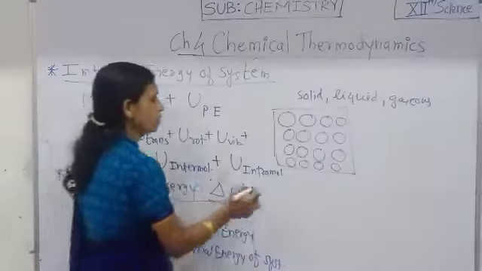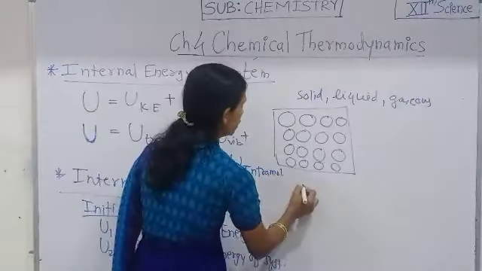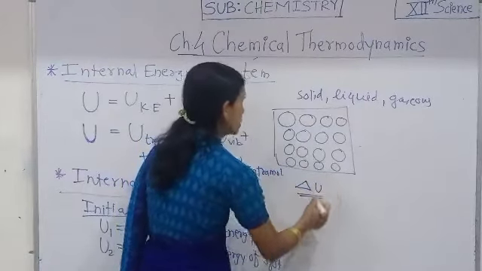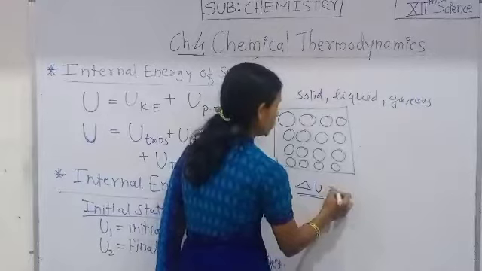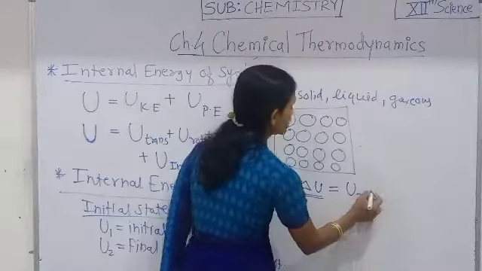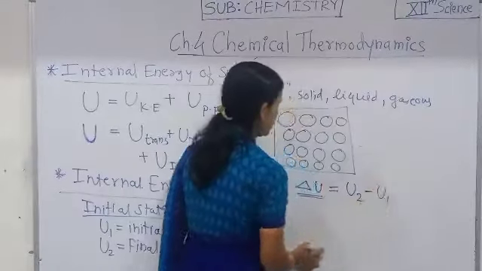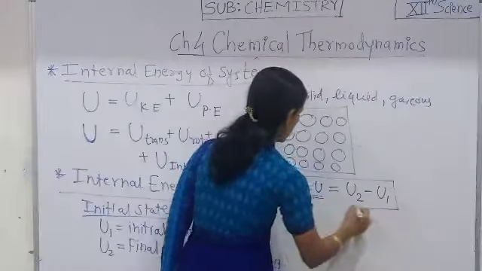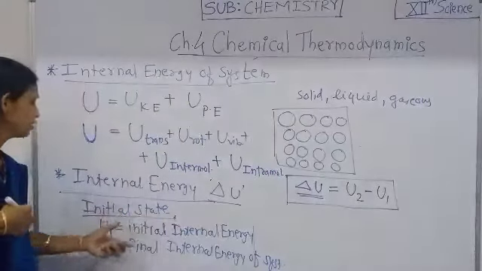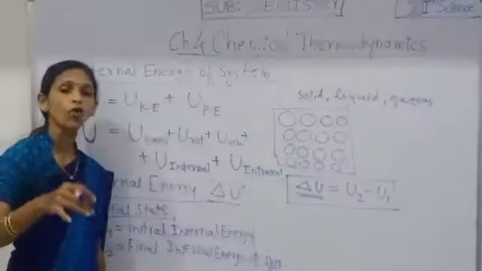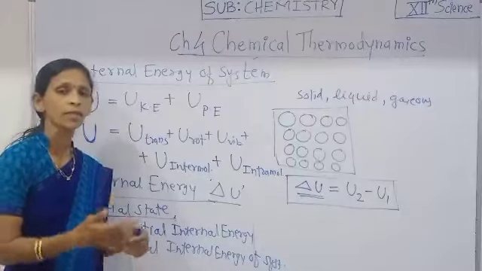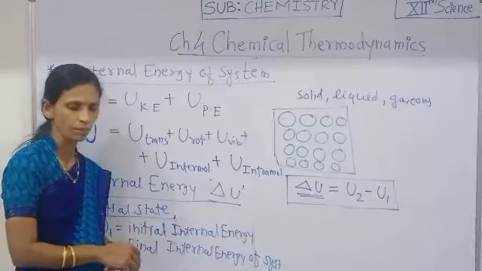When the system changes from one state to another state, the internal energy change related with that process is denoted by delta U, and it is calculated as U2, the final internal energy, minus U1, the initial internal energy. Therefore, that change in internal energy is the change of internal energy of the system in which different types of processes take place.